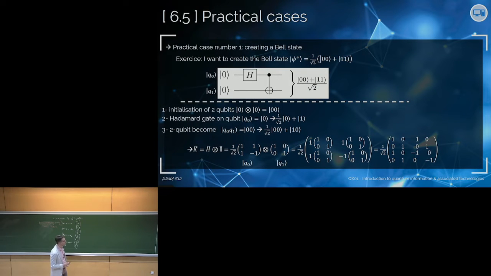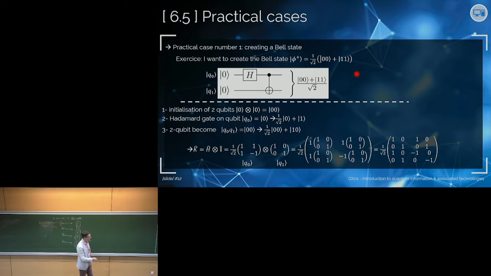Right. So we saw one practical case, and we're going to see the second one. The first practical case, which I'm not going to go back to, was how to create one of the 4 Bell states, in particular the phi plus Bell state, which is 1 over square root of 2 times 0, 0 plus 1, 1.